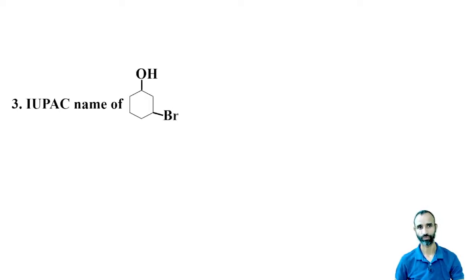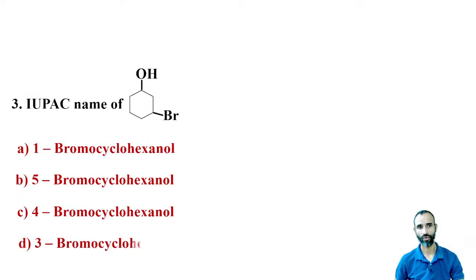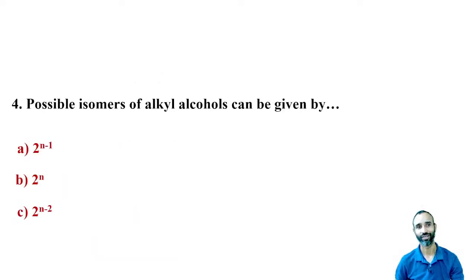Just check once again. So possible isomer, 2 raised to power n minus 2.